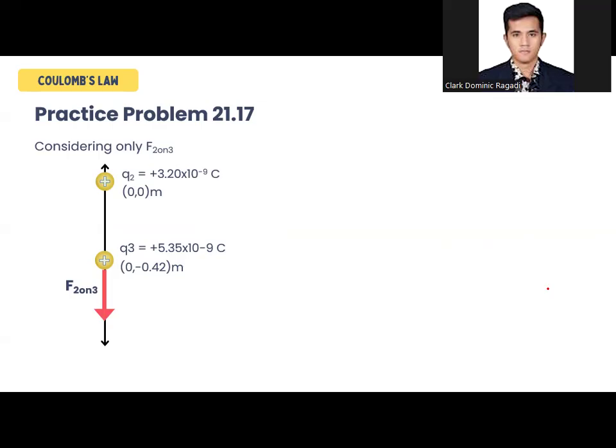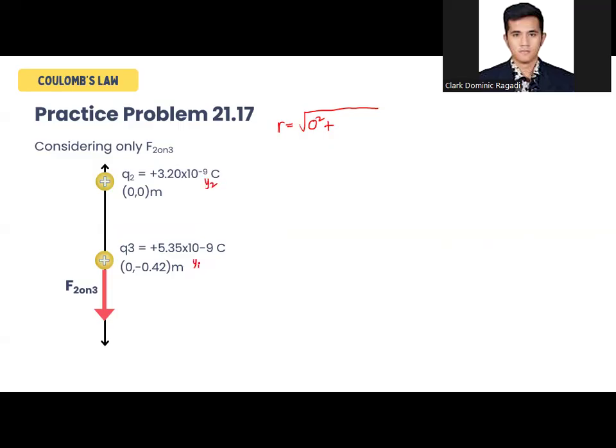Let's solve first for the distance between Q2 and Q3. The same process, we are going to use the distance formula. So R equals the square root of, for the x, you have 0 plus, this is y2, this is y1.